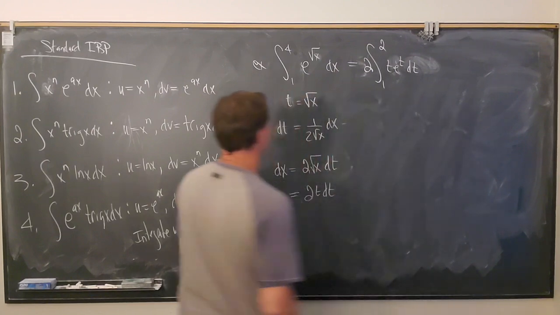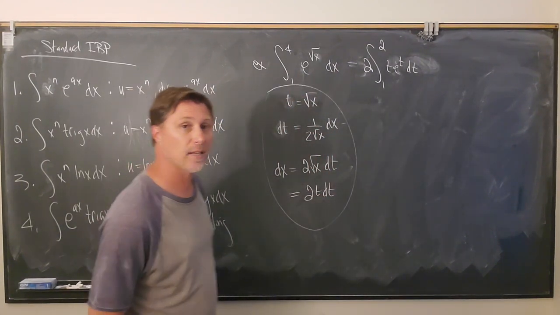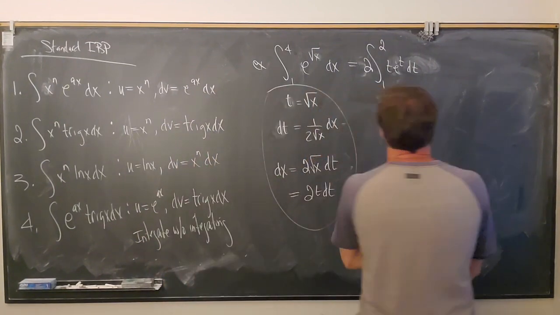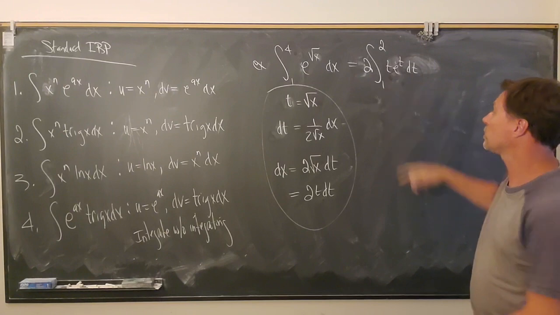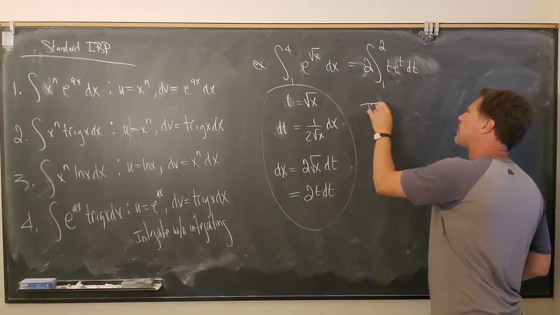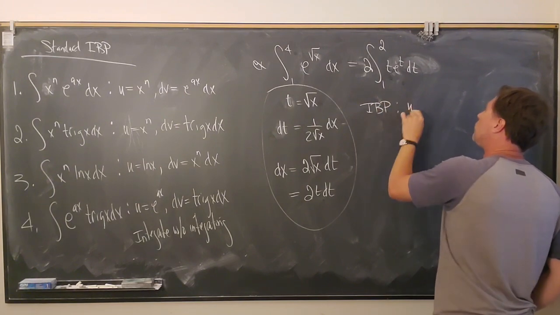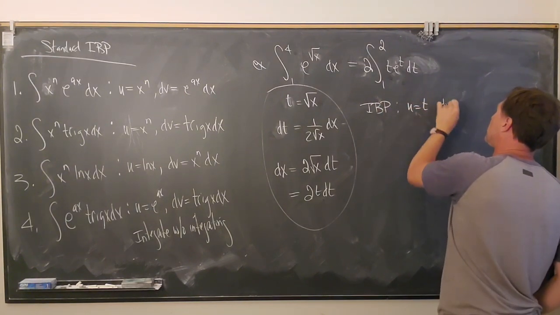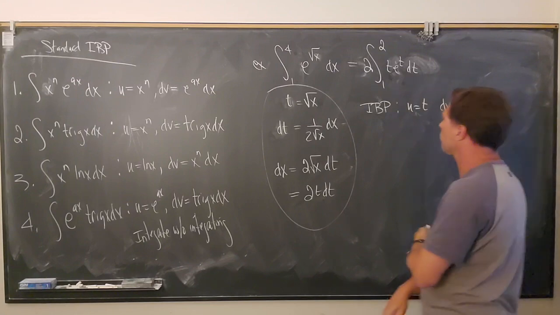And now, notice what happens. We did substitution, and what did that do? It gave us an integral that is polynomial times exponential. So now you can do integration by parts. I'm not going to do this because we already did this one. Integration by parts, where you let u equal t and dv equal e to the t dt.